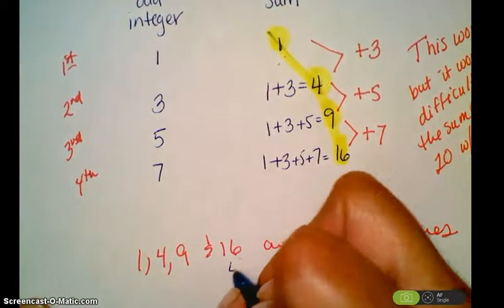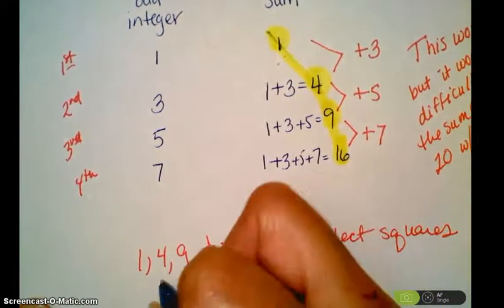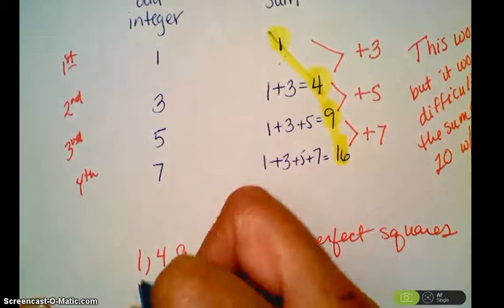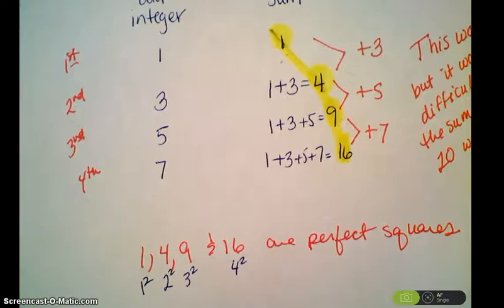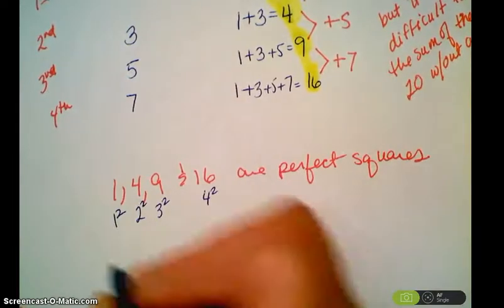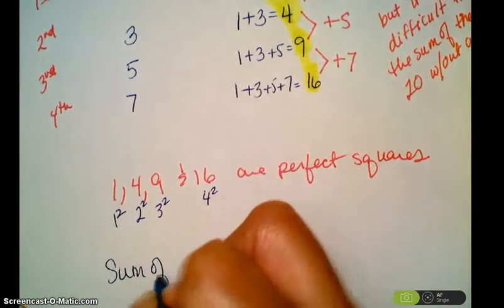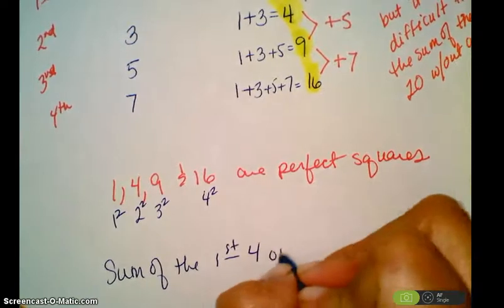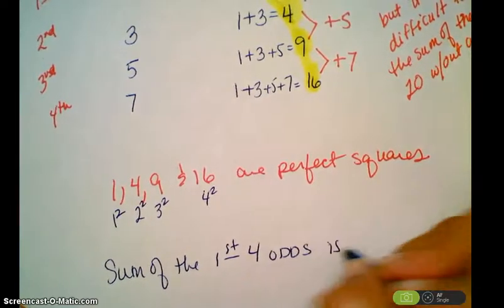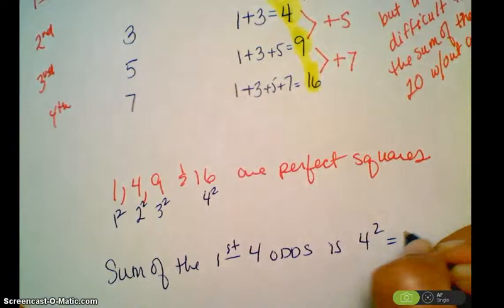So, with that in mind, I'm trying to find out the sum of the first 20. So right now, are you in agreement with me? The sum of the first 4 odds is 4 squared, which is 16.